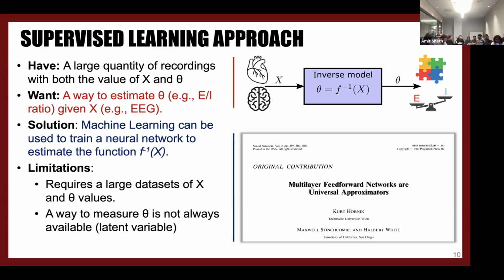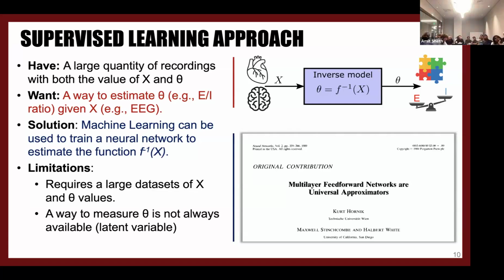So if you want a way to estimate the parameter theta, for example my EI ratio, given matrix X, for example my EEG, I can use machine learning. In that case, a supervised learning approach to train a neural network to estimate my inverse function there.